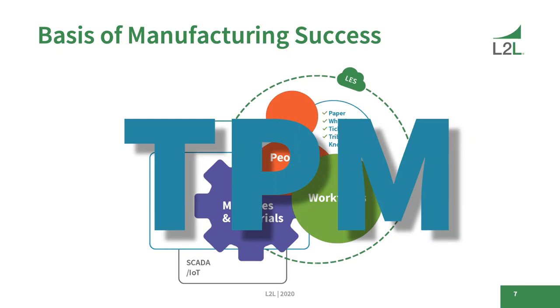The reason it's called total productive maintenance is that we have to understand that everybody is involved in the reliability of the piece of equipment. I always use the scenario: let's say tomorrow the powers that be inside of your company decide that you're going to try to produce your product and not use the equipment.